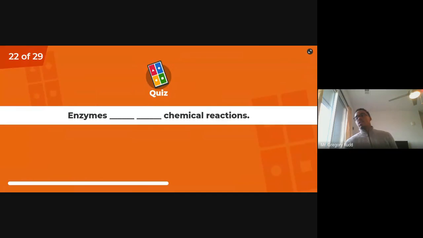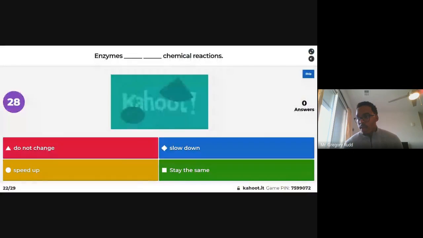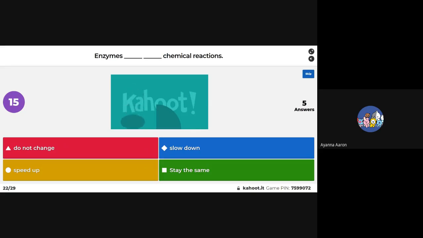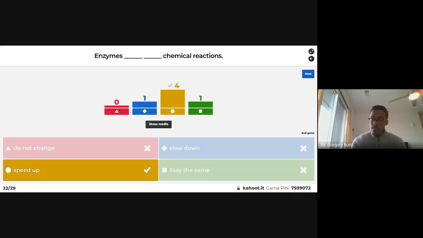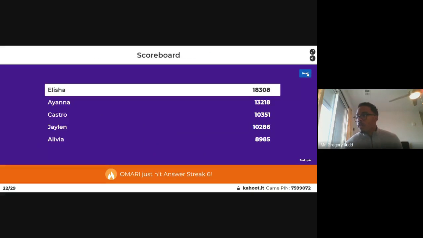Enzymes blank chemical reactions. Okay, this is getting a little bit redundant. Who made this? Potentially one of the other biology teachers. They speed up chemical reactions.